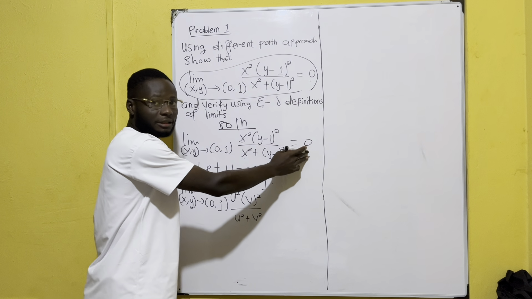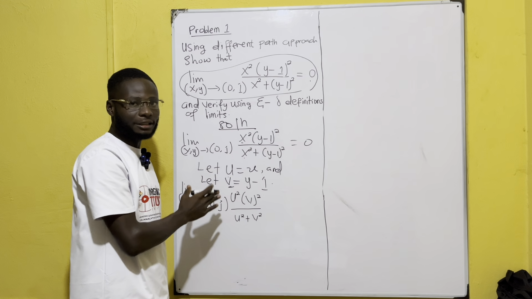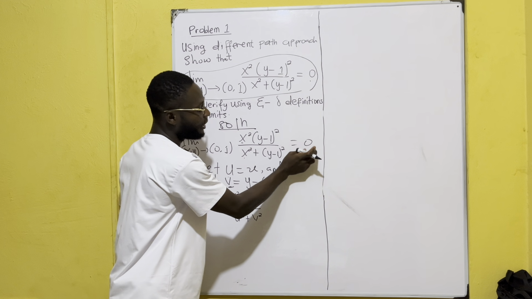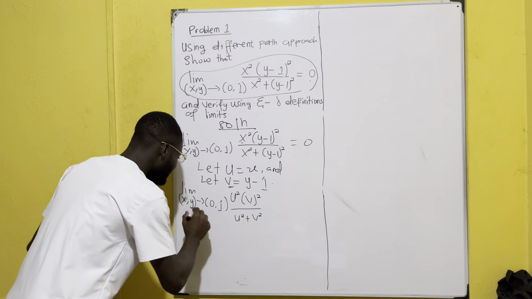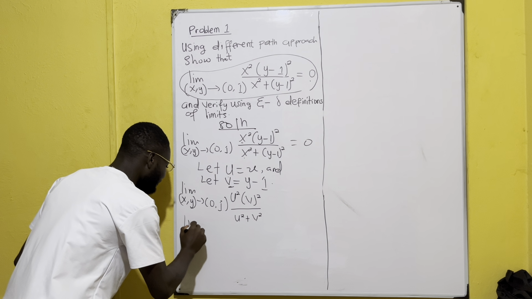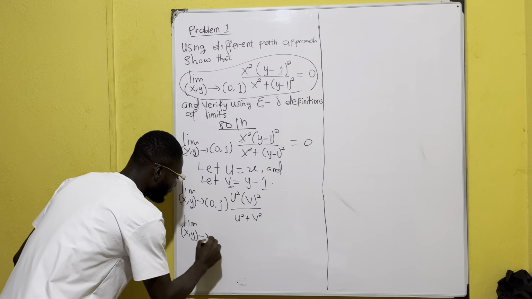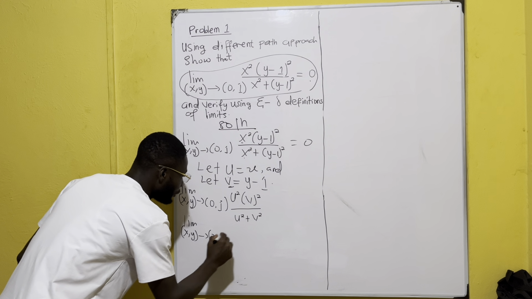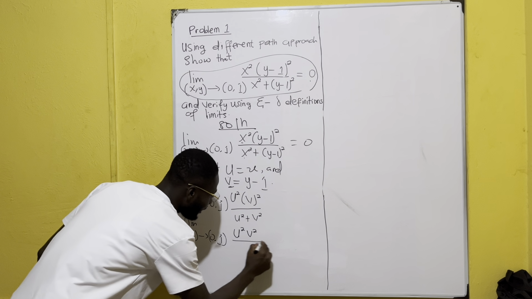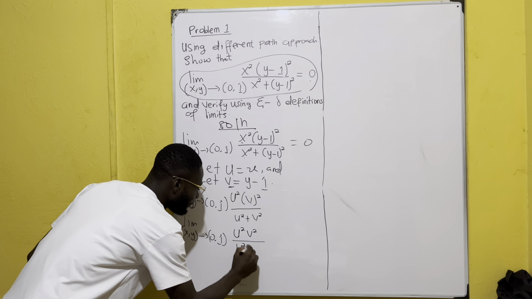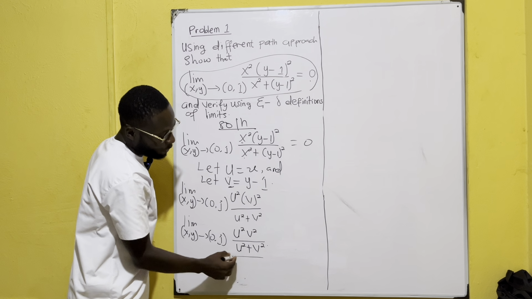Let's forget about the 0 aspect. You know that, of course, we are taking the left hand side to prove and make sure that we have 0. Okay, so this can be simplified to u squared v squared divided by u squared plus v squared, right? So we have this now.